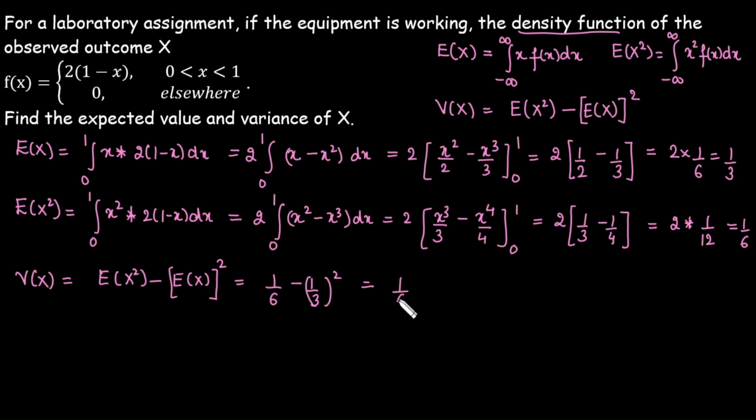That is 1 by 6 minus 1 by 9. That is equal to, LCM is 18, this is 3 minus 2, that is equal to 1 by 18. So here the variance of this random variable x is equal to 1 by 18. So this is how we are calculating expected value and the variance in case of discrete random variable and continuous random variable.